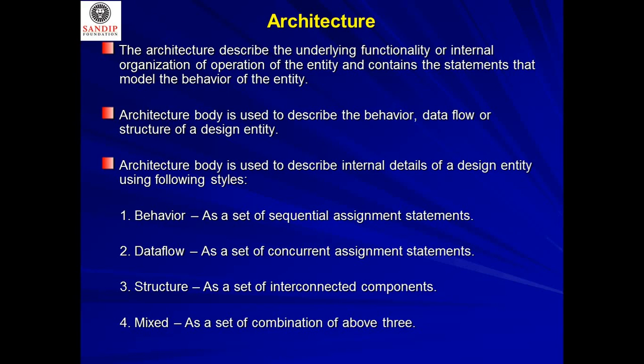Now, how to declare the architecture? Architecture has 3 parts: first, architecture declaration, architecture body, and end of the architecture. The architecture body is used to describe the behavior, data flow, or structure of the design entity. It describes the internal details of the design, meaning internal details of the electronic circuit.